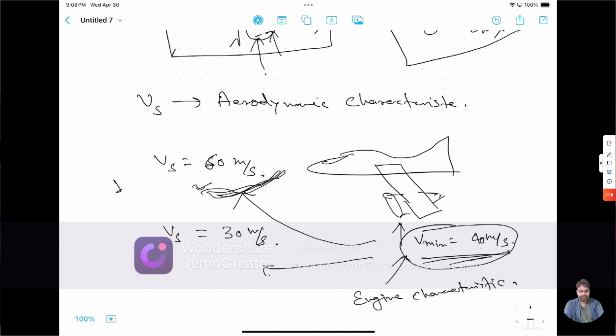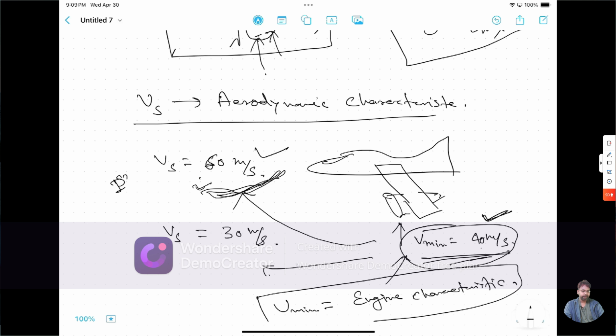So in the first case, the minimum velocity is the stalling velocity, and in the second case, the minimum velocity is the 40 meter per second that is produced by the engine. Is it clear? You have to understand two things: the stalling velocity is the aerodynamic characteristic, and the minimum velocity of the aircraft is defined by the engine, so that's why it is the engine characteristic.